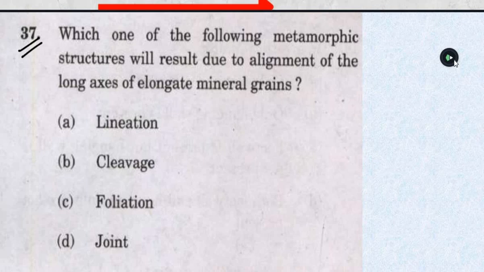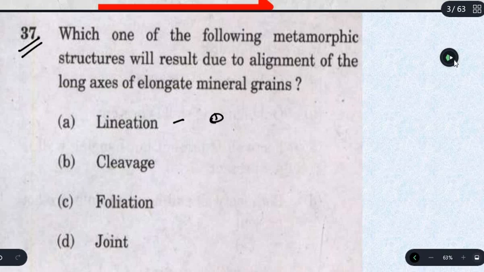Any other answer? Lineation, okay. Lineation, right? It is a lineation, are you sure? Or joint or foliation?